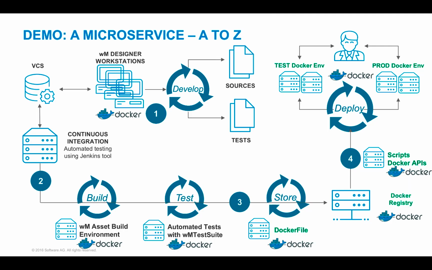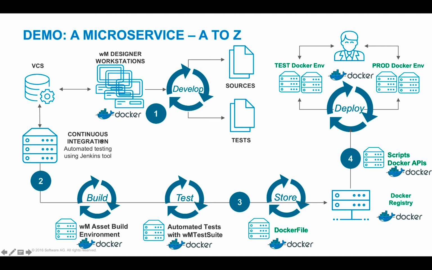So essentially, we will go through all these stages here, as I explained earlier in the first part of this presentation. And so we will look at how the designer workstations work and how it interacts with a version control system like Git. And then we will go over how to create the code, create some tests, really do the development work like you would as a developer.